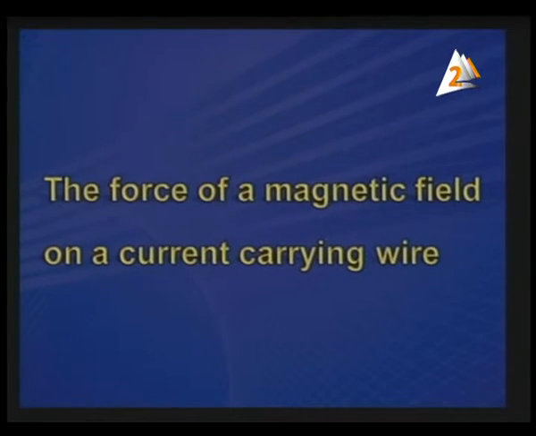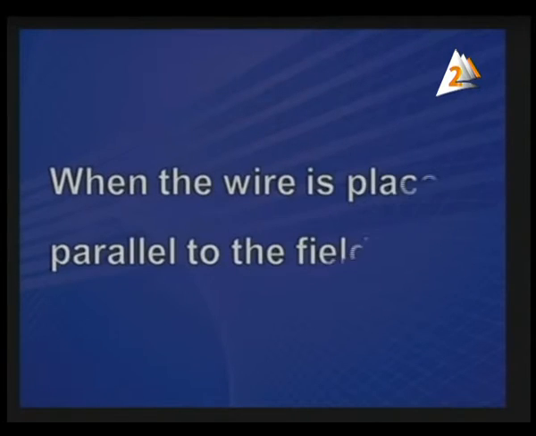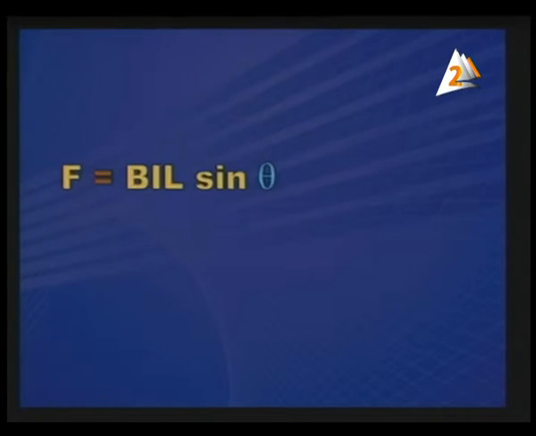When is the force of a magnetic field on a current carrying wire equal to 0? When the wire is placed parallel to the field. Force is given by the expression BIL sine theta.